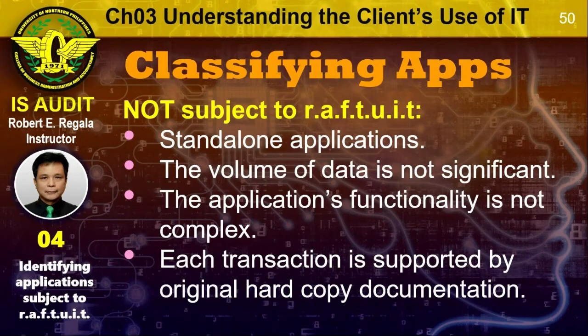IT applications falling under these conditions are likely not subject to risks arising from IT because the volume of data is not significant and therefore management is not relying upon general IT controls to process or maintain the data. The management does not rely on automated controls or other automated functionality.